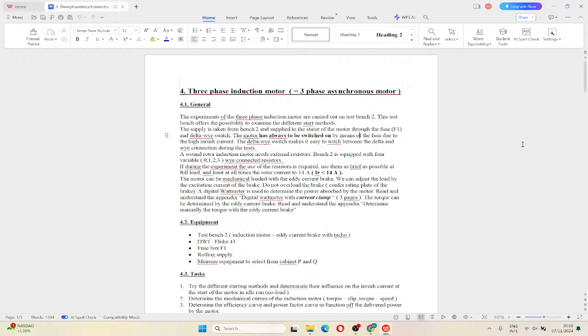Wait, how can I show this? So for example, this is the motor. And there is special equipment here. It's the eddy current brake. So it's connected to the motor mechanically. So we just use it. Do you still remember the lab session of the bench of the induction motor?